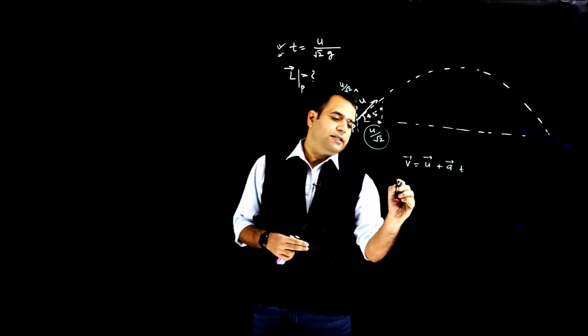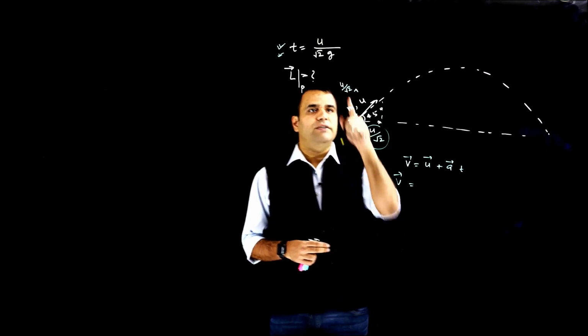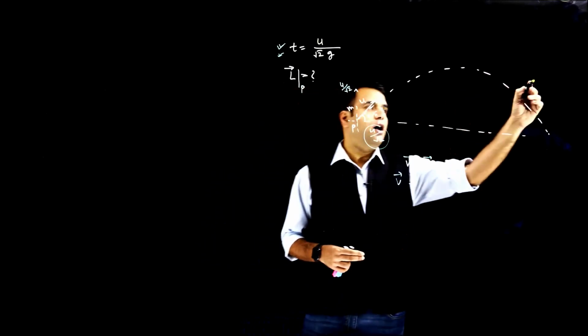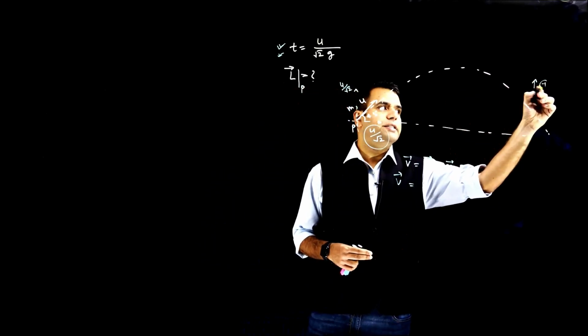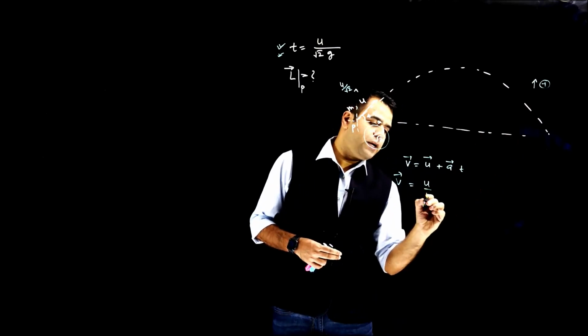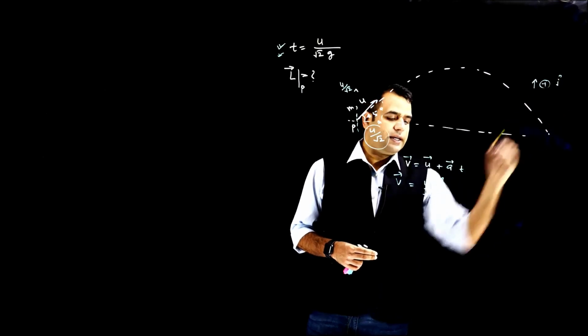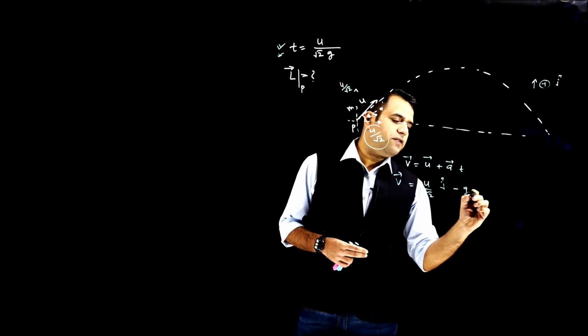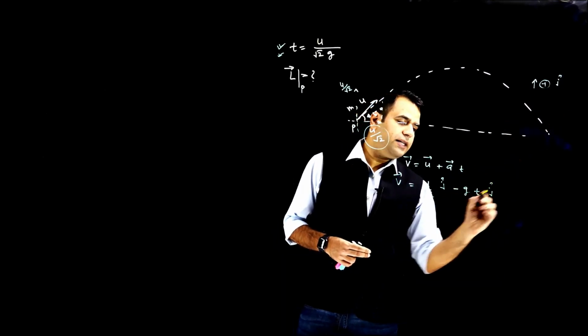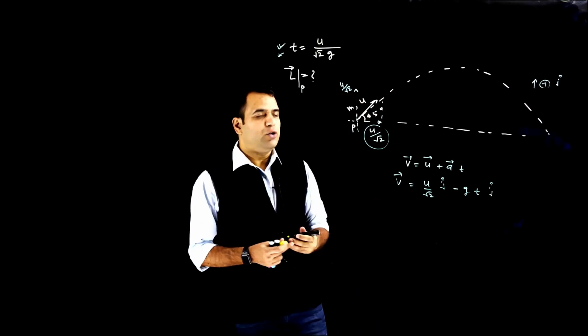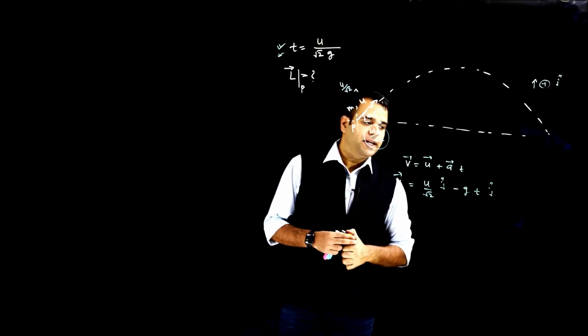The final velocity will equal the initial velocity, u by root 2 in the upward direction. Let's call upward positive. So u by root 2 j cap, minus g t j cap, because the acceleration due to gravity is in the downward direction. That's why I'm taking the minus.